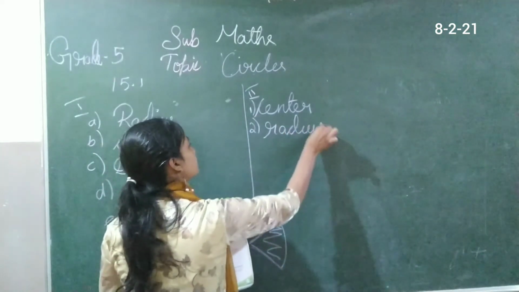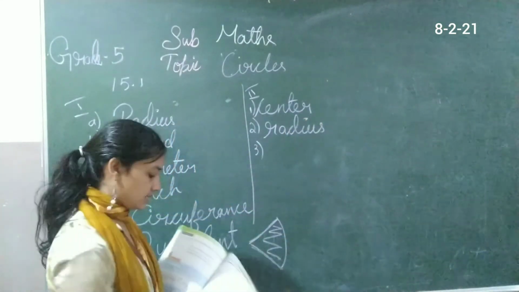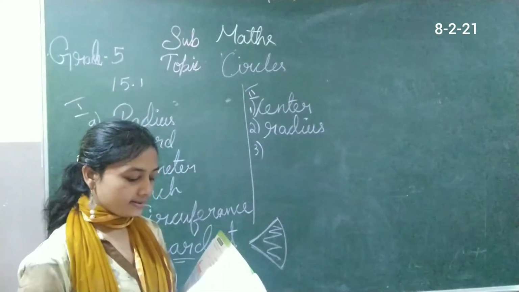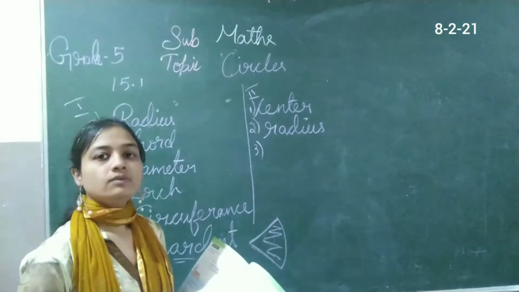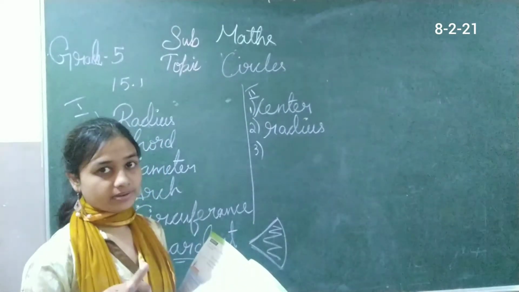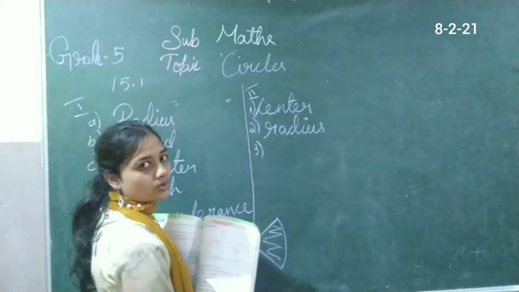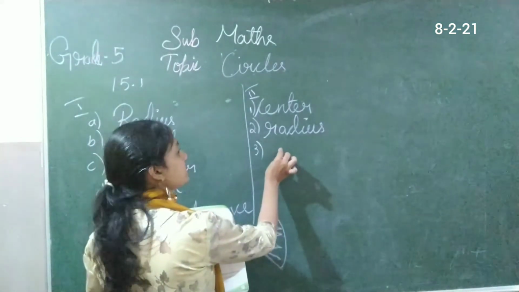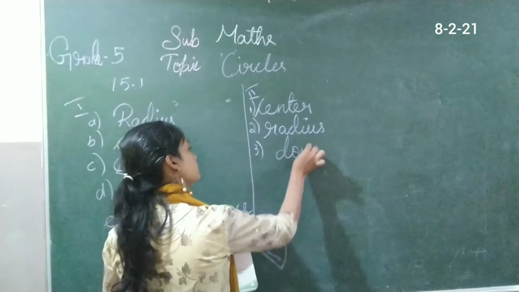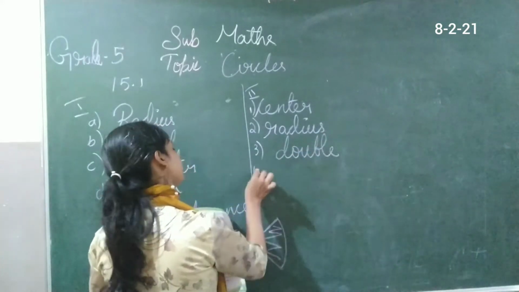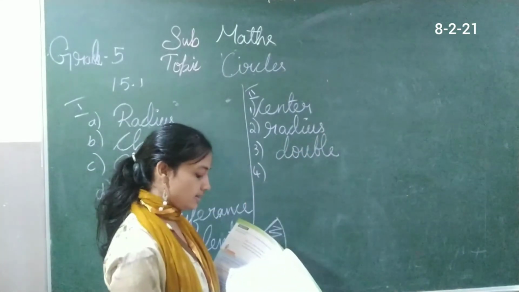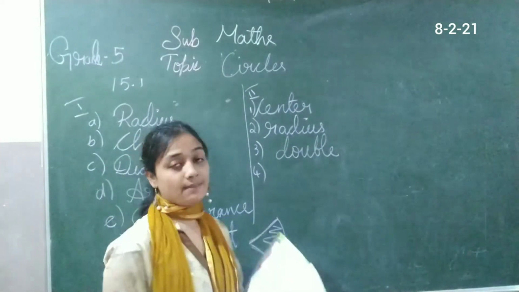Radius. Third point, diameter is dash of the radius. When you compare radius and diameter, diameter is 2 times the radius. So you can also say that double the radius.